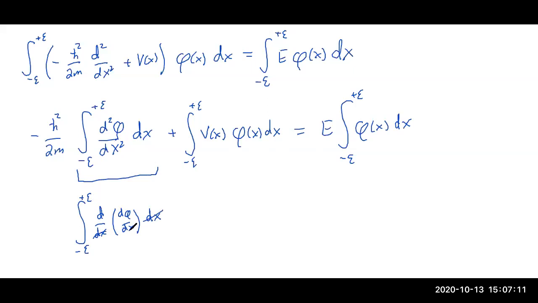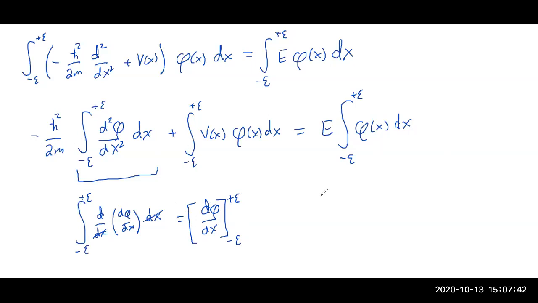So my dx's cancel, and this becomes equal to the derivative of phi with respect to x evaluated at minus epsilon and plus epsilon. So this is my first useful set of equations.